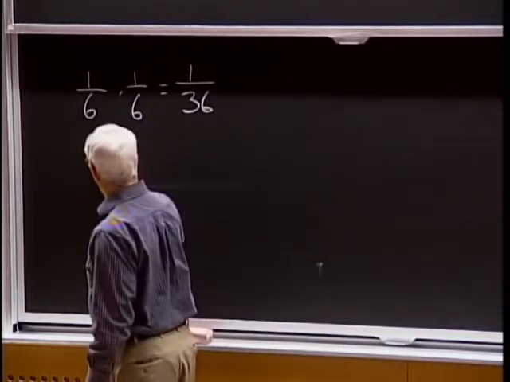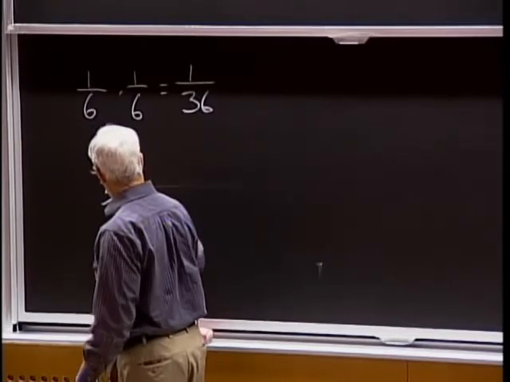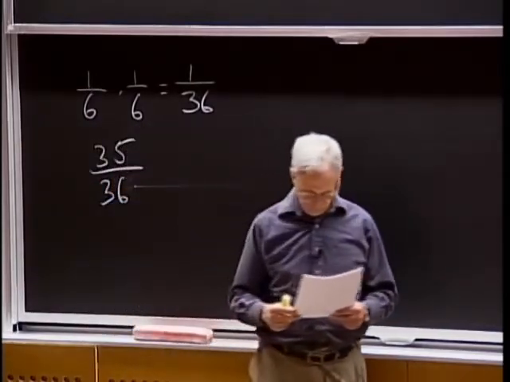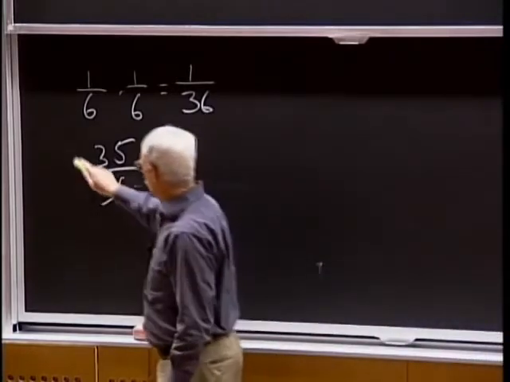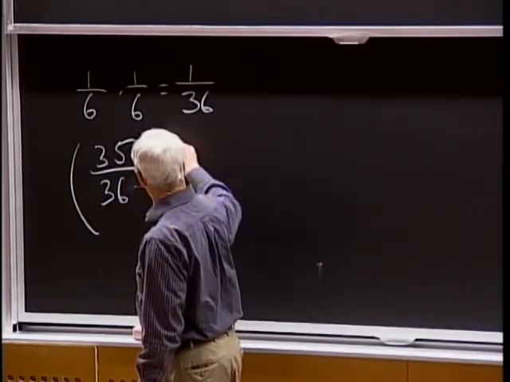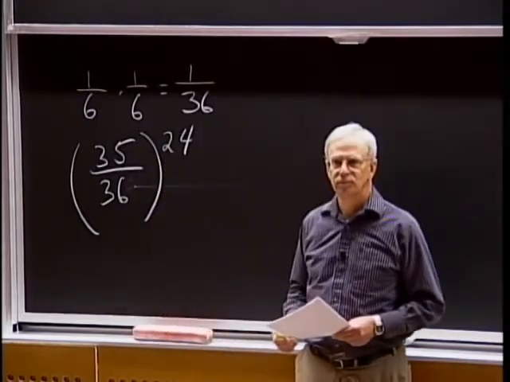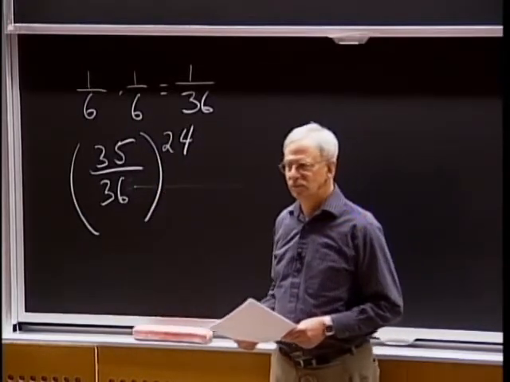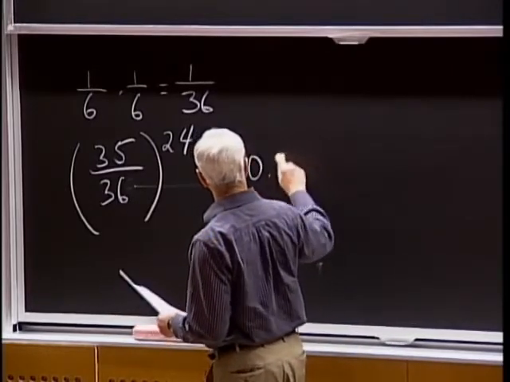So now we know the probability of not getting it on one roll is that. What's the probability of not getting it 24 times in a row? It's that, which is approximately equal to 0.51.